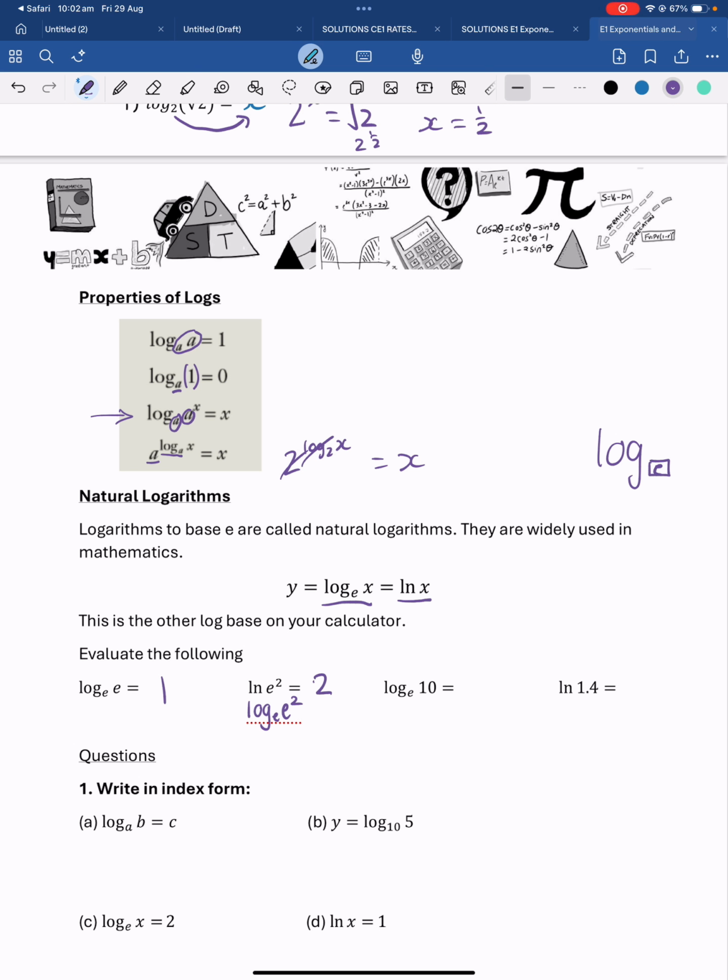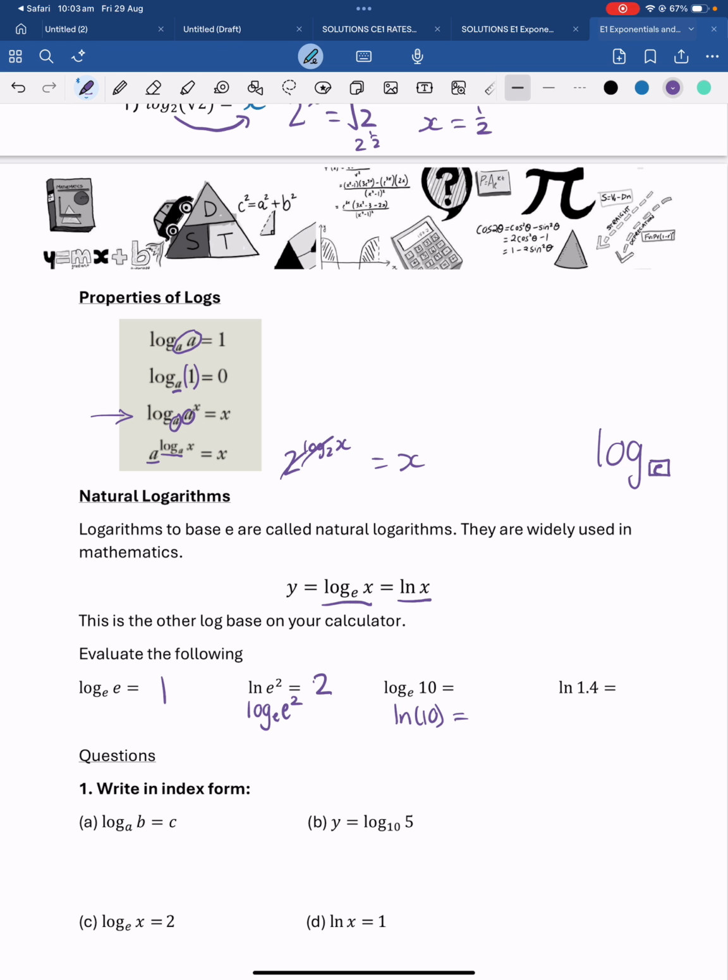Log e of 10. On this one, I want you to do me a favour. I know that log e is the same thing as ln. On your calculator, press ln 10 for me. So there are going to be certain times where we can put the number straight in the calculator. It wants us to evaluate.